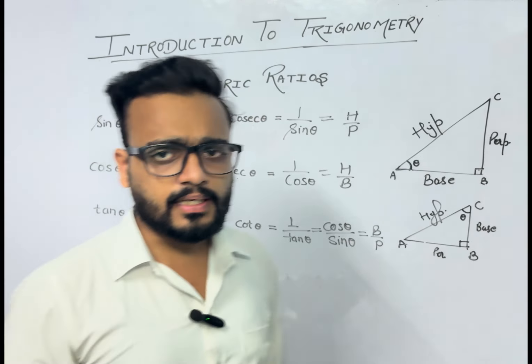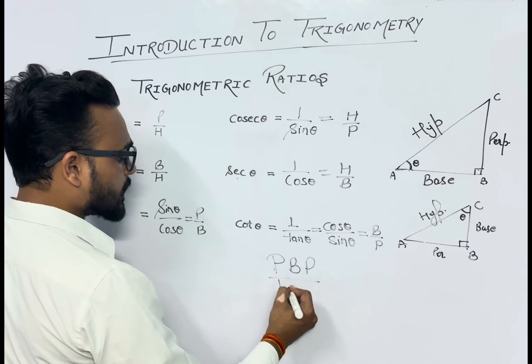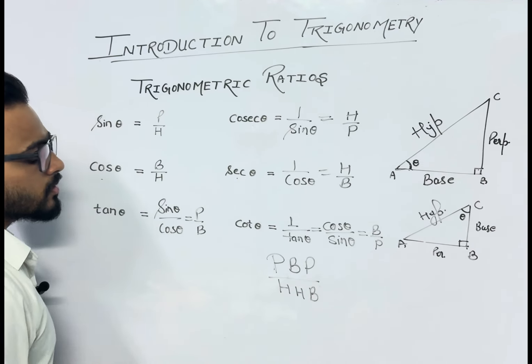All these relations we can learn by using a very simple method, that is P B P upon H H B, also called Pandit Badri Prasad Har Har Bole.